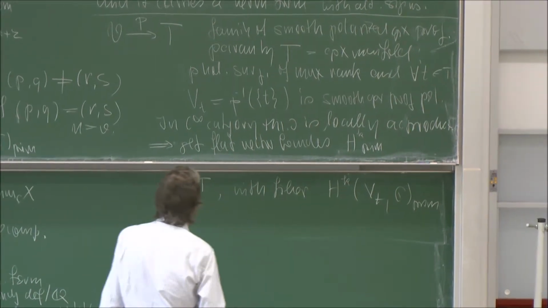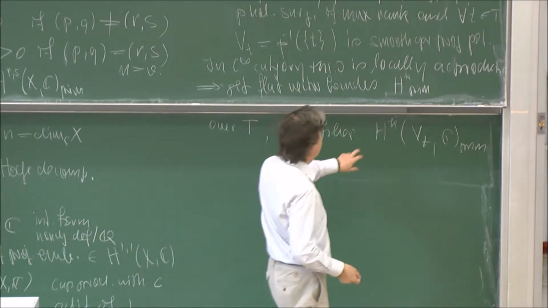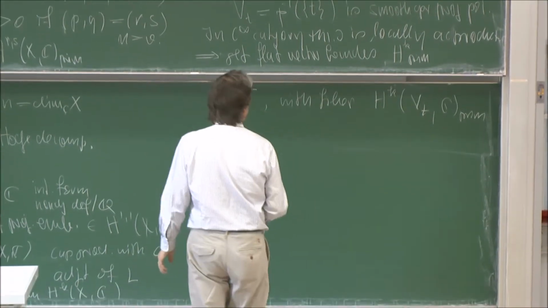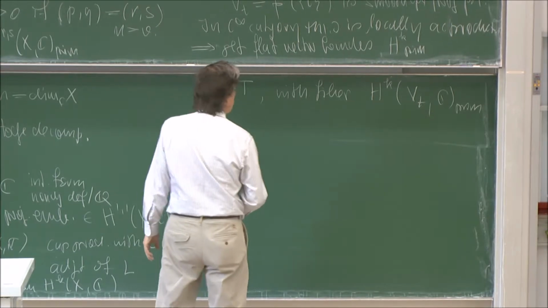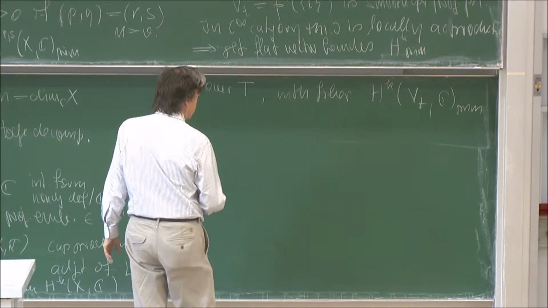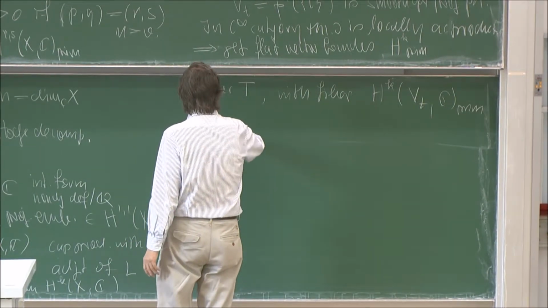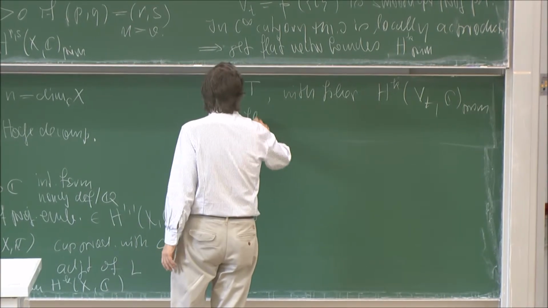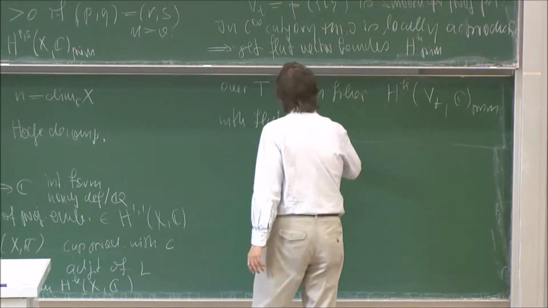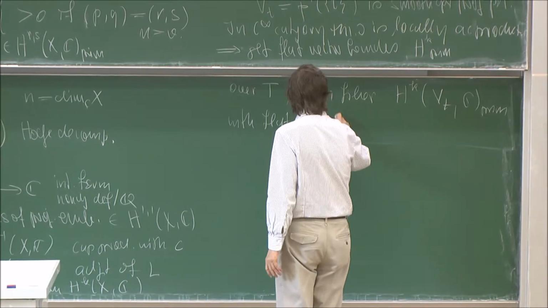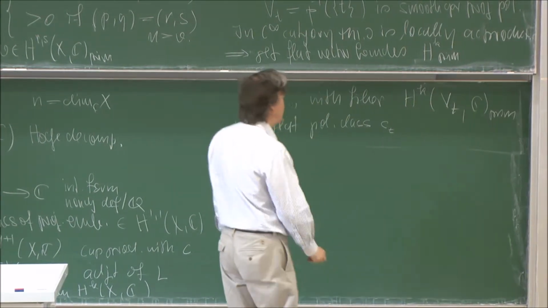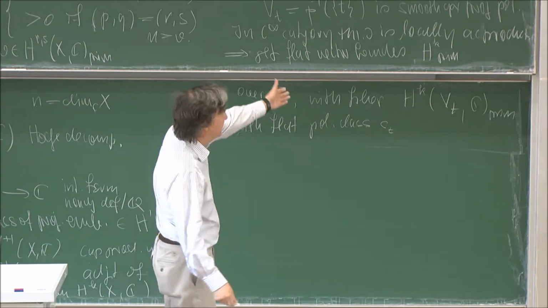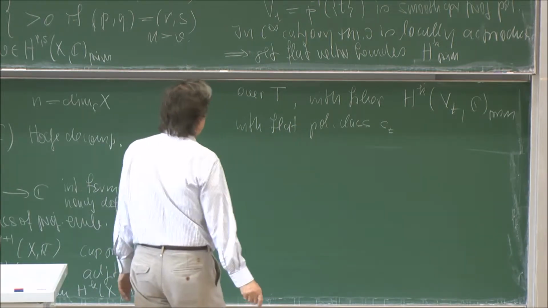So these bundles are flat. And so what do we have? With a flat polarization class, so for each t, one has S_t, but it's flat in terms of the flat structure.